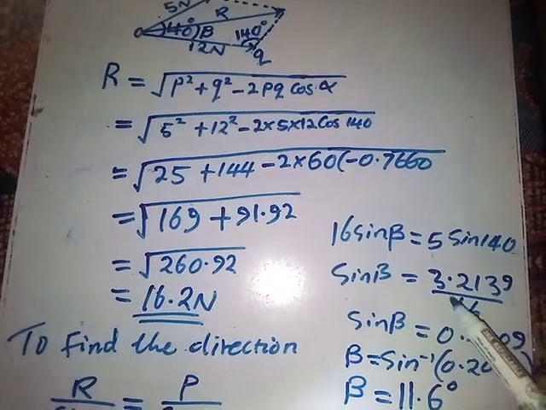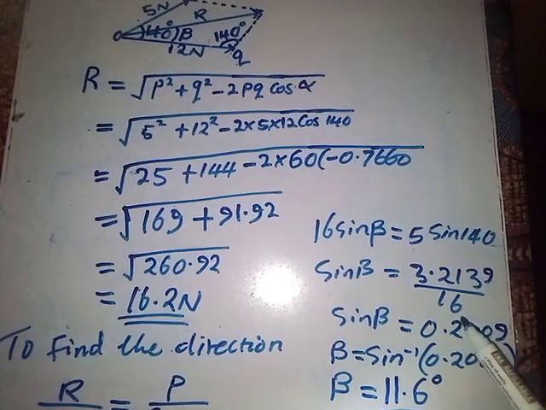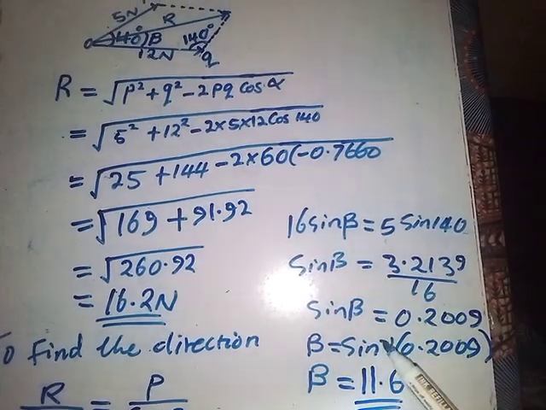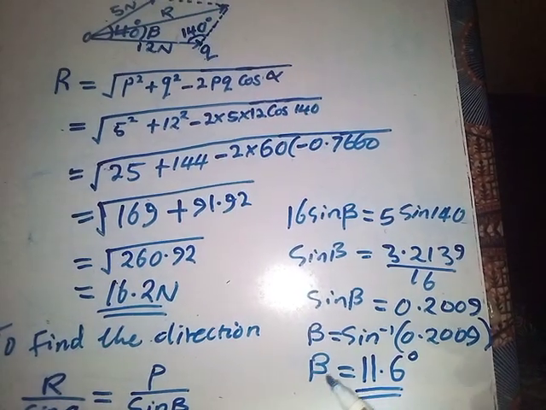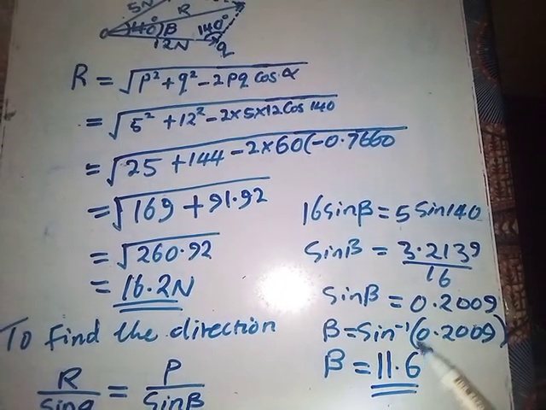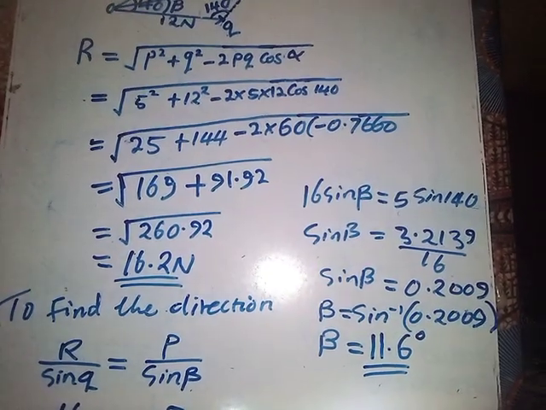So sine beta is 0.2009, and beta is equal to sine inverse of 0.2009, which is 11.6 degrees. This is the direction of the resultant force.